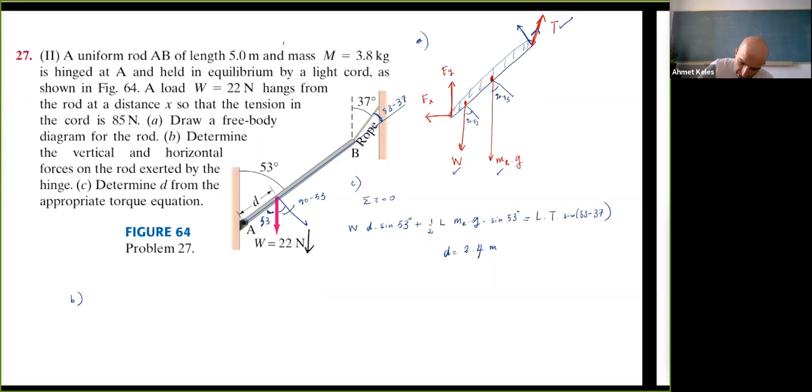But this angle here, what is that angle? This one is 37, then this one is 90 minus 37.